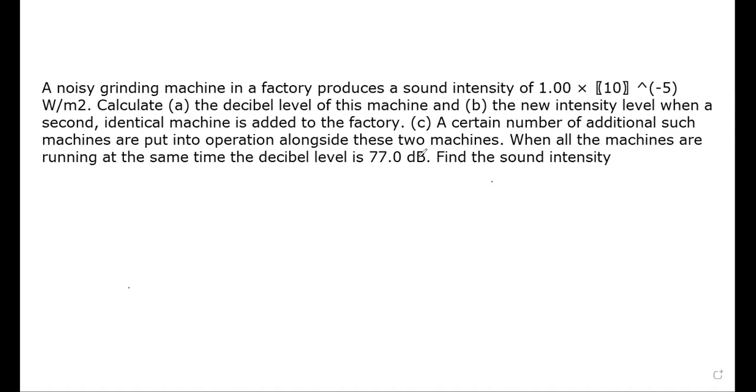So the question now is, find the sound intensity. Which one is the sound intensity? We are to look for I. We are to solve for I. That is what we are looking for.